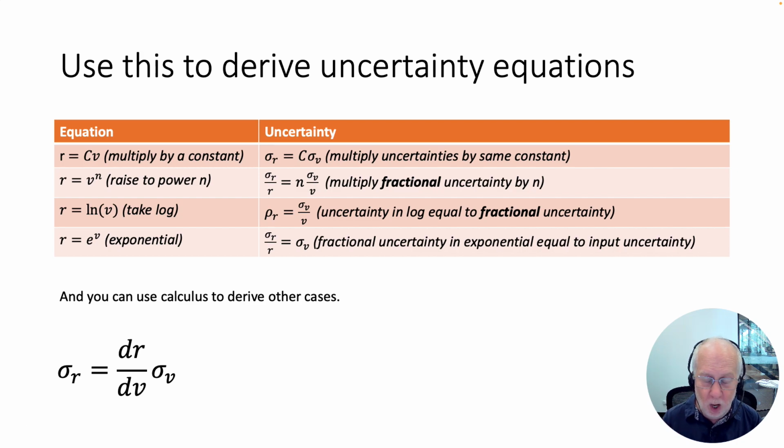So if it's 100 plus or minus 1, that's 1 over 100. Multiply by n, whatever the power is, and that gives you the fractional uncertainty in the result. And you can do similar things for the logs and exponentials, and in fact for sines and cosines and anything else you like. And you'll get tables of all these things if you want to use it, or you can just do the calculus yourself.